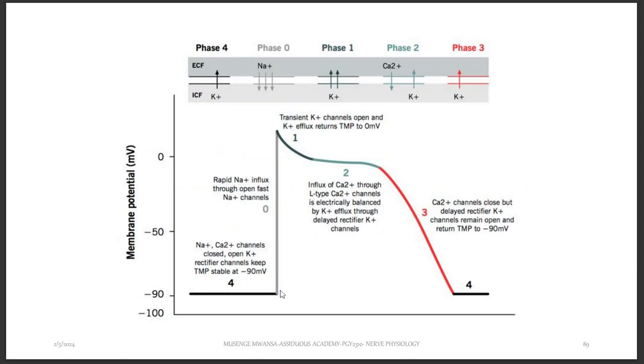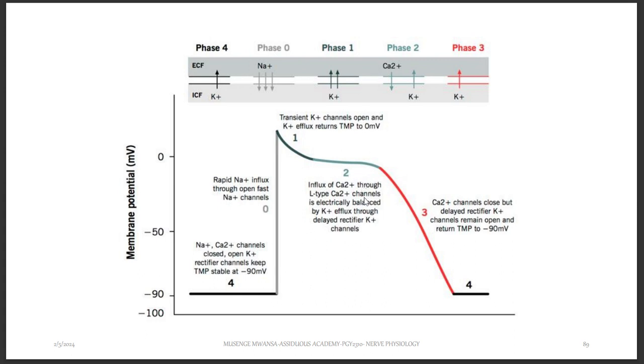Remember, you have a rapid depolarization because of sodium influx, so positive charge was entering the cell. Now, when positive charge starts leaving the cell, this graph starts dropping. But as positive charge is leaving the cell, calcium starts to enter. So this graph forms a plateau here because of calcium influx.